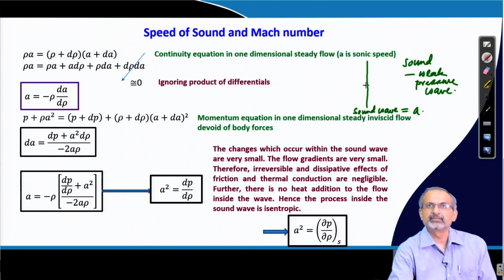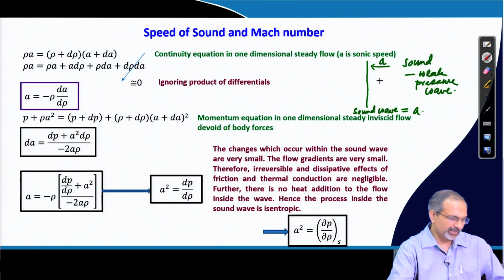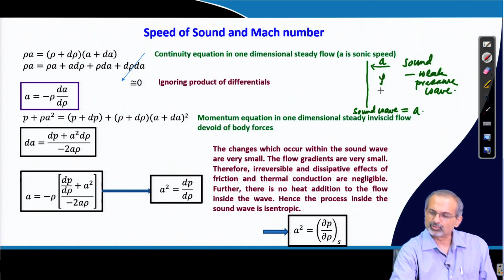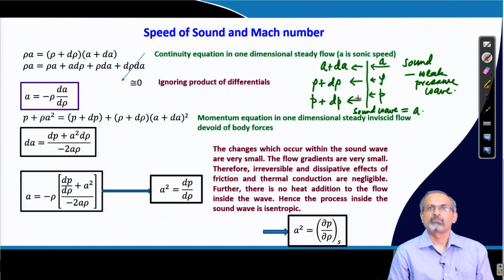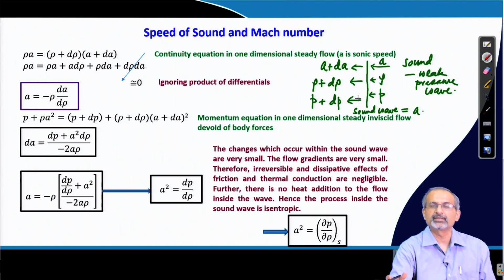And then if you are riding the sound wave, what do you see? You see that the air is moving towards you at the speed of a, because that is a relative scenario. If you look at the density of the medium, for example, you will see it is rho, the pressure is P, etc. When you look behind, you will see that very small changes have happened to the speed, the density, the pressure, the temperature, etc. When this is a stronger wave than a sound wave, these changes could become large.